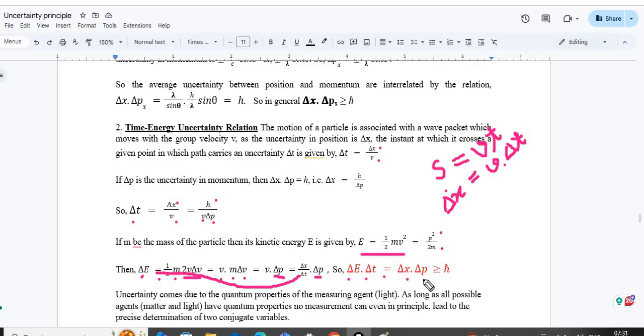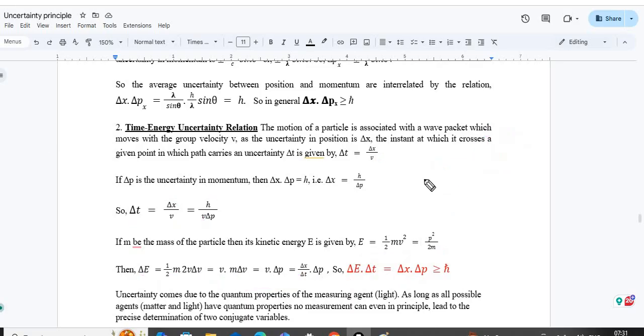This is equal to delta x, delta p. So you have already got this thing, that delta x, delta p is approximately, in a minimum form, equal to h, the Planck's constant, or in a very generalized form, this will be h by 2 pi, h cross. So you have got the two cases where you have position and momentum, the uncertainty in position and momentum, and uncertainty in energy and time.